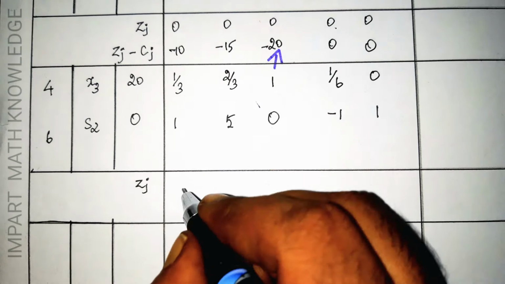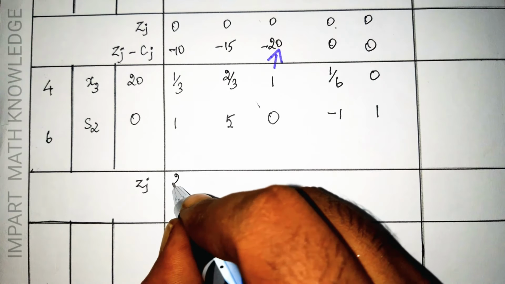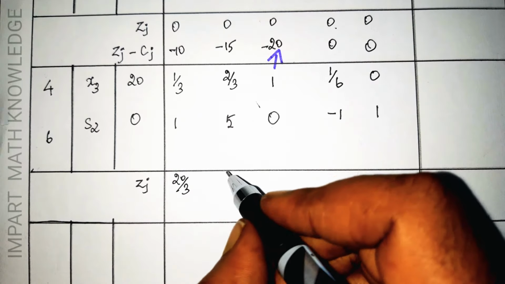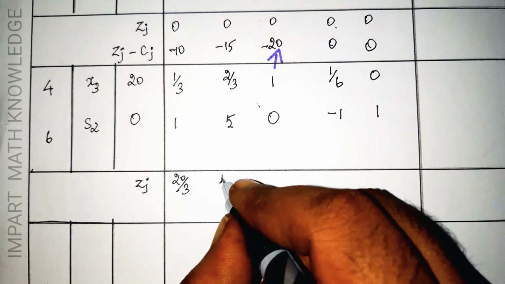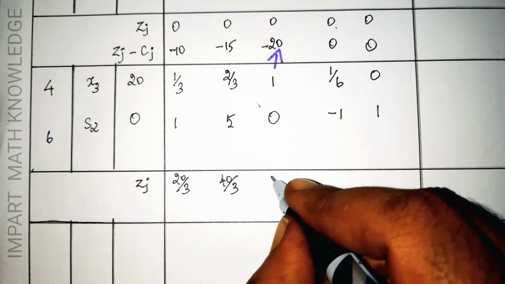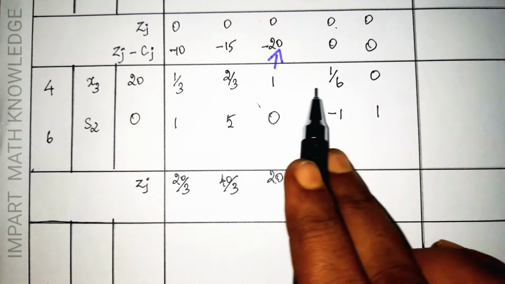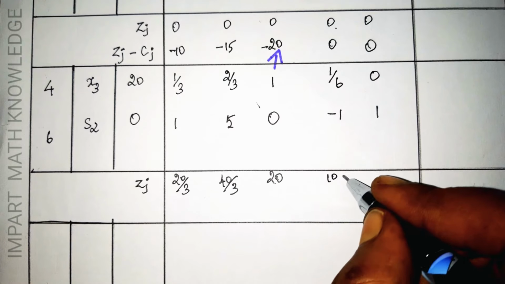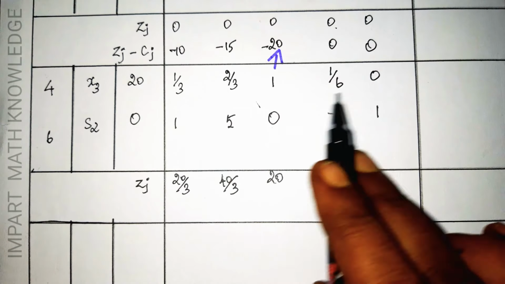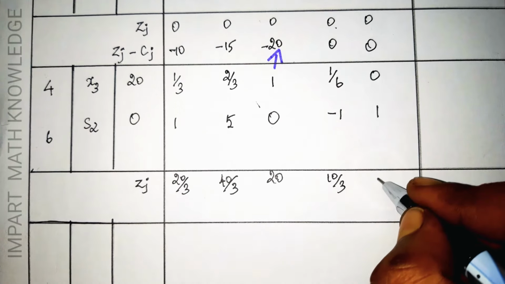ZJ is equal to 20 by 3, 20 into 2 by 3 plus 0 into 5, that is 40 by 3. 20 into 1 plus 0 into 0, that is 20. 20 into 1 by 6 plus 0 into minus 1, that is 10 by 3. 20 into 0 plus 0 into 1, that is 0.